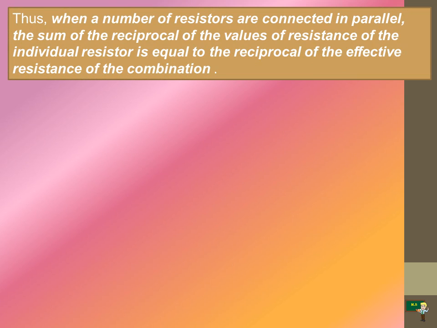So, when a number of resistors are connected in parallel, the sum of the reciprocals of the values of resistance of the individual resistors is equal to the reciprocal of the effective resistance of the combination. That means the value of equivalent resistance of resistors connected in parallel will be lesser than the individual resistance.